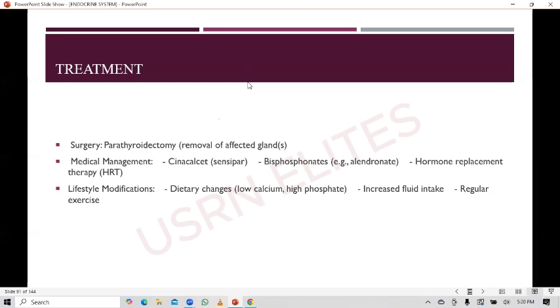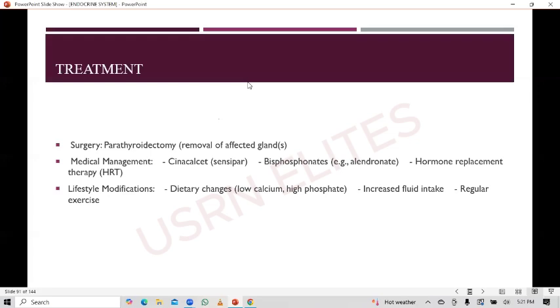Yes, Mr. Dennis. With regards to alendronate, it is taken on an empty stomach with a full glass of water, and usually the advice is that it is contraindicated in clients or patients who cannot sit up after taking the medication.